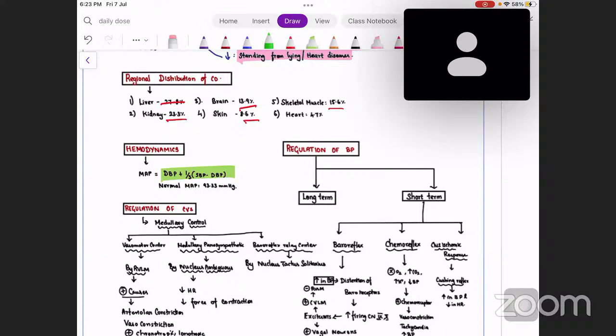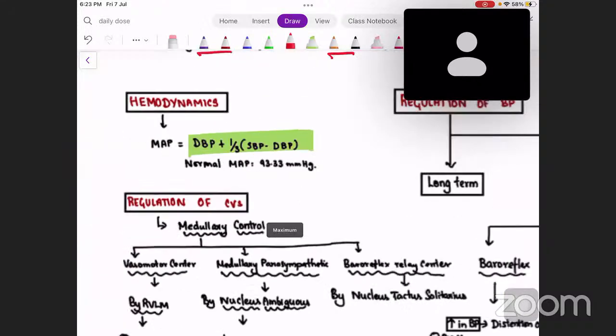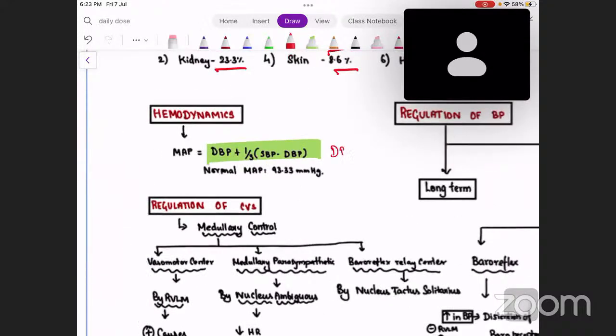Or we can put it in this way: diastolic blood pressure plus 1/3 pulse pressure. So systolic minus diastolic blood pressure is your pulse pressure. So diastolic plus 1/3 pulse pressure.